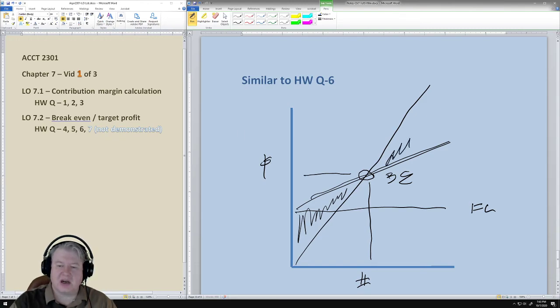In this region here, this is your profit, because you still have all of these costs, but your revenue is more than your costs. So that is the basics. All we're doing is adding a revenue line to the previous fixed cost and variable cost lines, and we're looking at where they intersect.